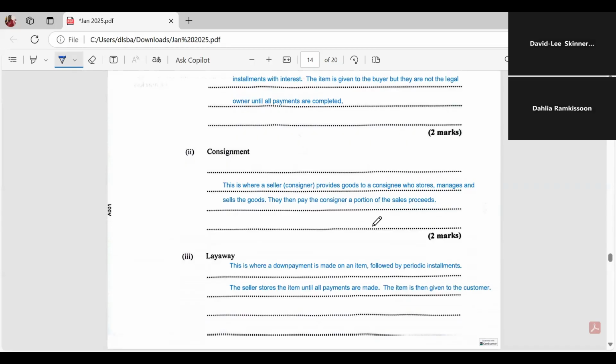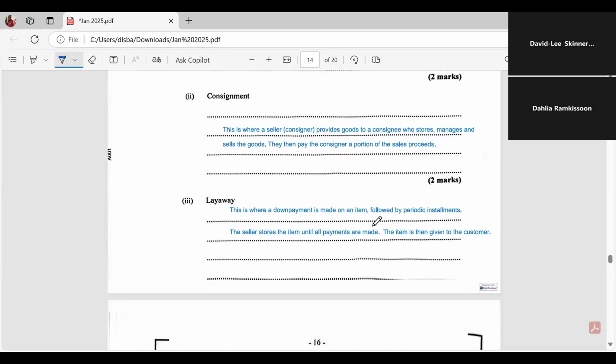So I give you the products, you sell them, you give me back some of the money. You do all the work besides create the products. They're my products, I give them to you, you manage them, you store them, you sell them, you make the money, you give me back a portion.